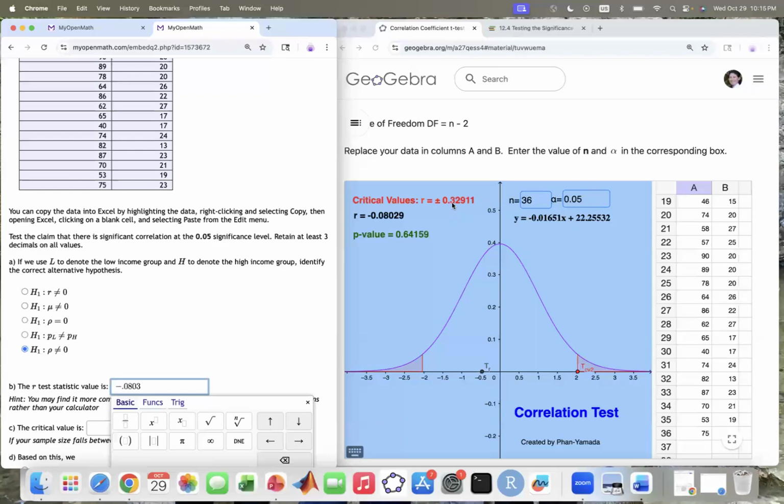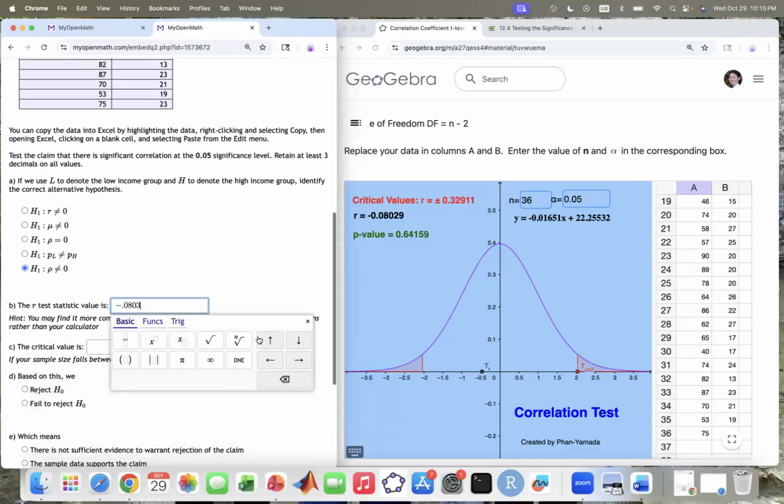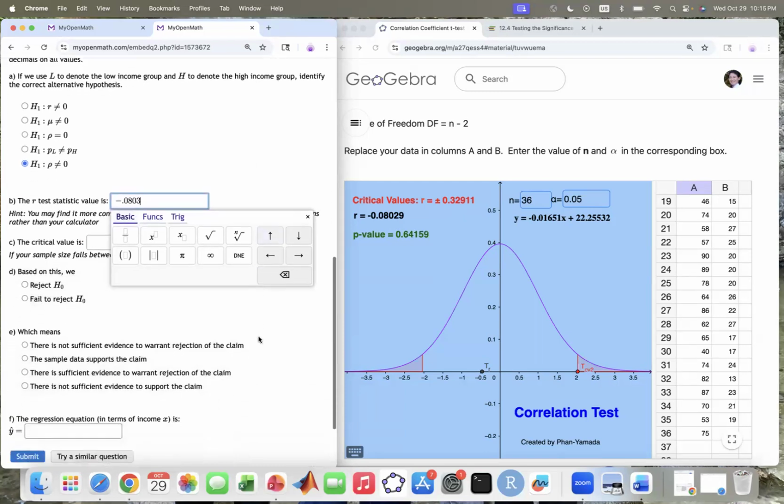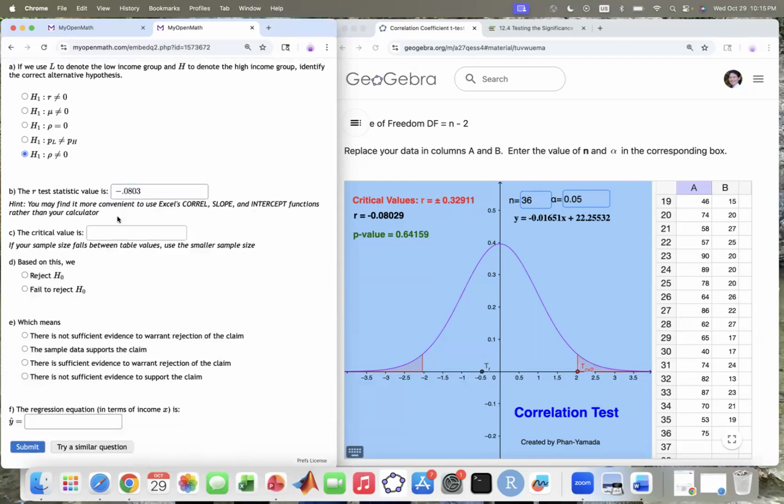And the critical values: it has both positive and negative, because you have two sides and we cannot have equality, so I choose the positive only. It will be 0.329.